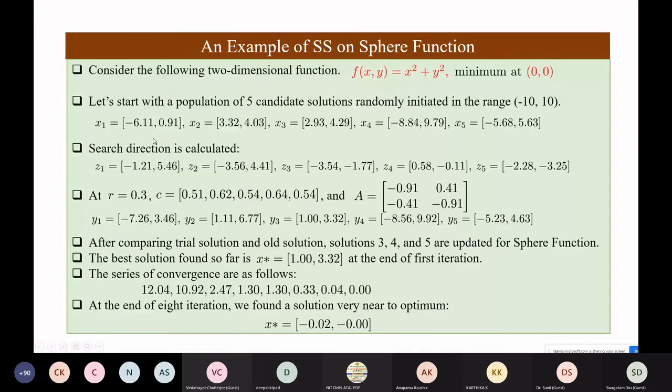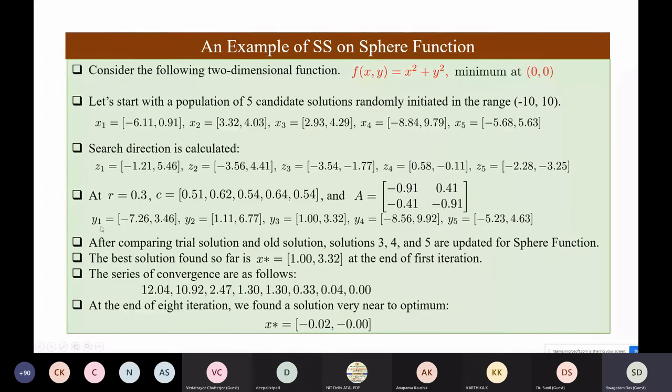So we can compute the search directions as per the equations, either towards rand or towards best, something like that. At r equal to 0.3, C is this one. So we have 5 solutions, so we have 5 step sizes, and this is the A matrix. This is an orthogonal matrix.